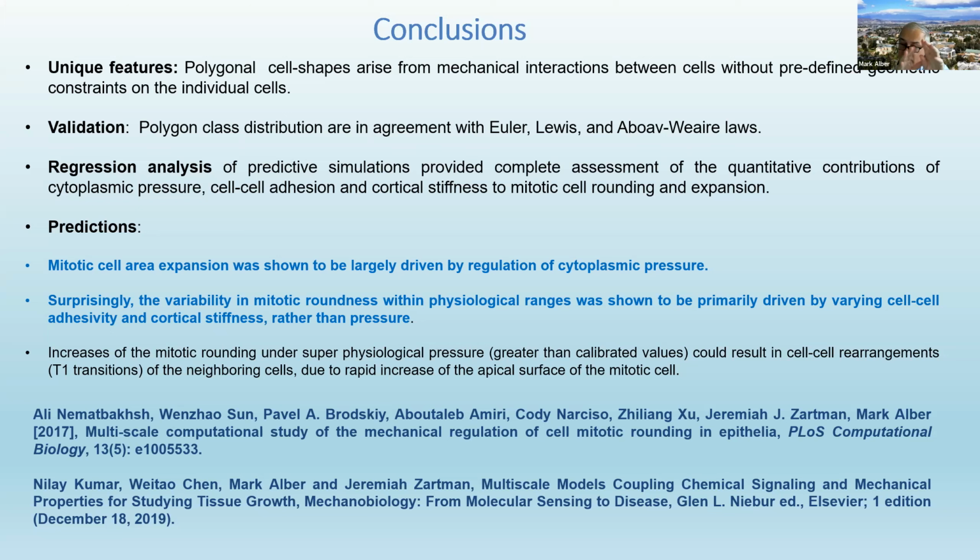Then they adjust to each other. The whole system goes to equilibrium, and we get these polygonal shapes of cells as a result of the initial calibration. Then we get an initial distribution, and we classify it using different metrics, and polygonal class is just one of them.